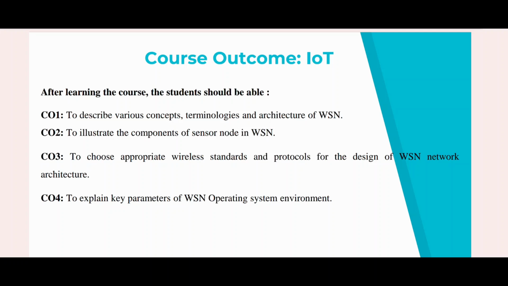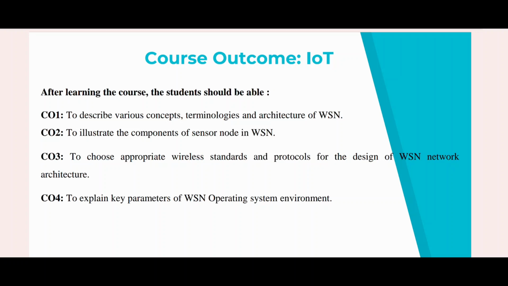And finally, CO4, to explain key parameters of WSN operating system environment. So once you know what a WSN node is, we should know how this WSN node behaves. Based on the operating system, which can be considered a tiny operating system or tiny OS, we can also call this a firmware installed in physical devices.